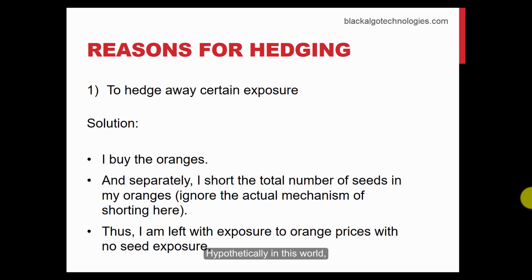Hypothetically, in this world, what I can do is to buy the oranges first, along with the seeds inside them. And separately, I will short the total number of seeds that I have in my oranges. So therefore, my seeds exposure is neutralized, and I'm left with the exposure to the orange prices, which is what I want. Let's translate that to the stock market.